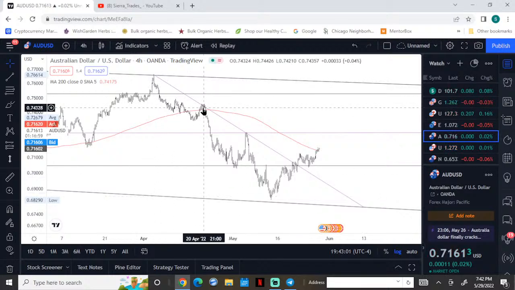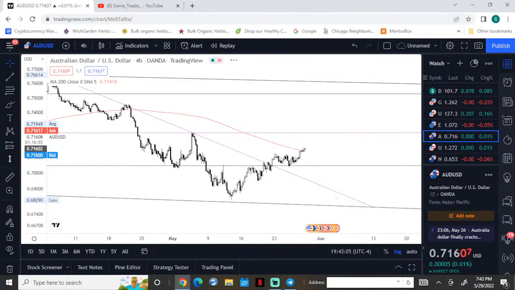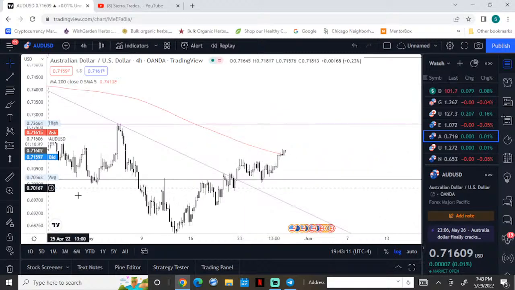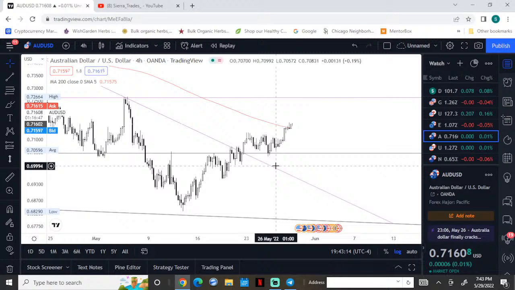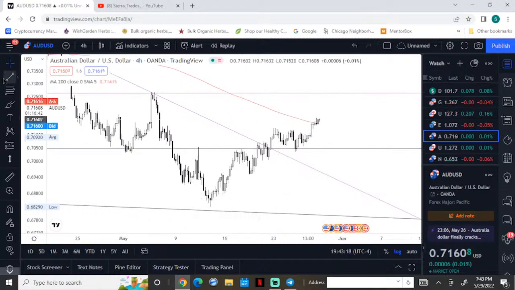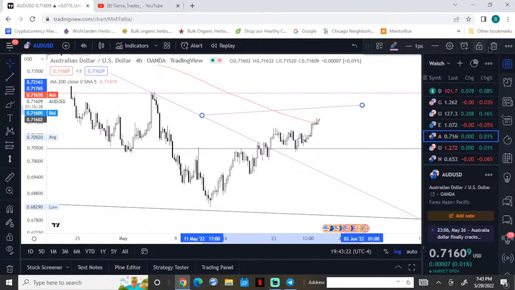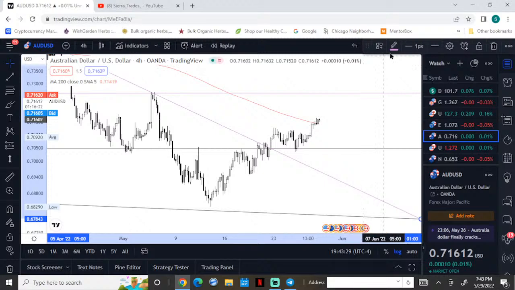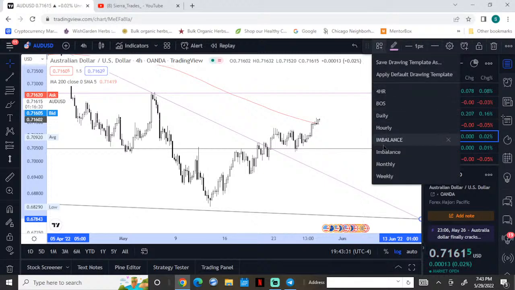All right, we got 1, 2, 3 touches, a break, and not so quite of a retest of the trend line, but it definitely retested the zone. Let's change that color before I mess myself up. Delete. That is supposed to be blue.